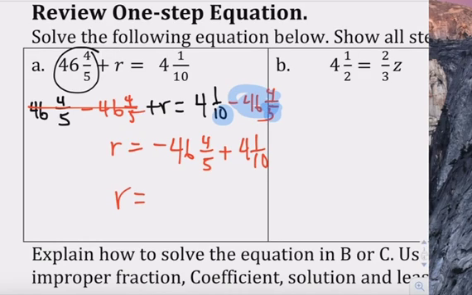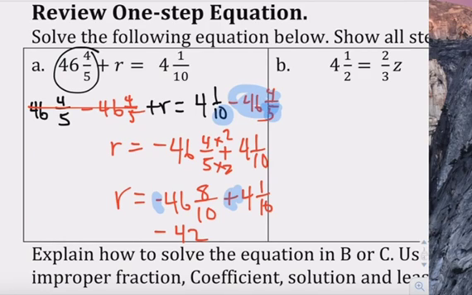R equals negative 46, denominator's 10, so times 2 times 2, that is 8, plus 4 and 1 over 10. We subtract because one is negative and the other is positive. So we get negative 42, 8 minus 1 is 7 over 10. That's my answer for R.